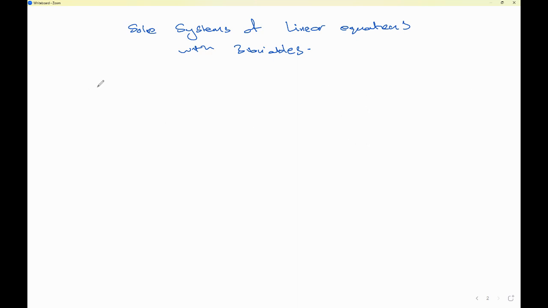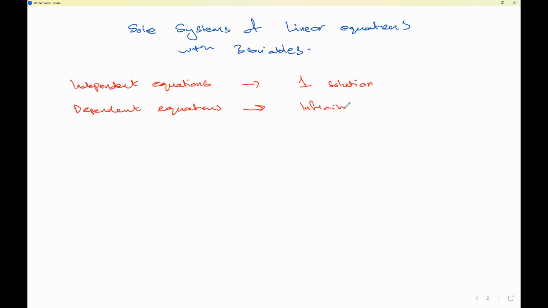Let's look at the idea of an independent equation. What is an independent equation? Independent equations will have only one solution. And then you've got dependent equations, and dependent equations have an infinite number of solutions, infinite, non-ending number of solutions or possibilities.